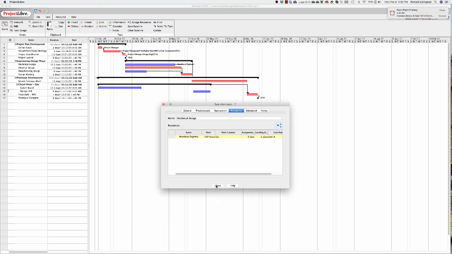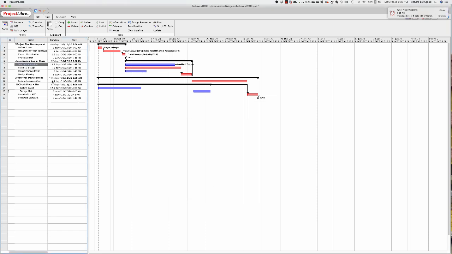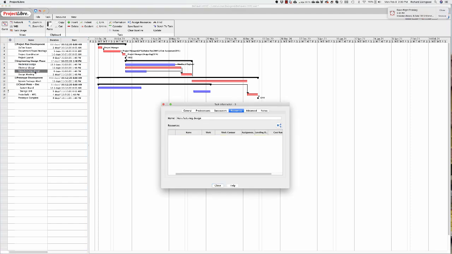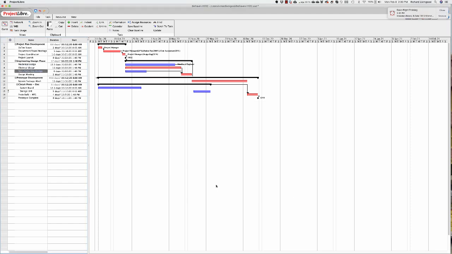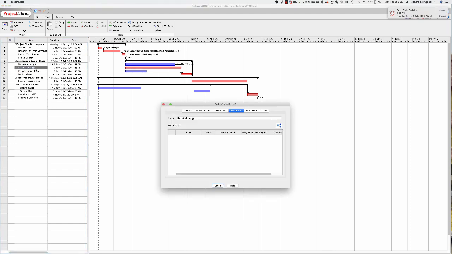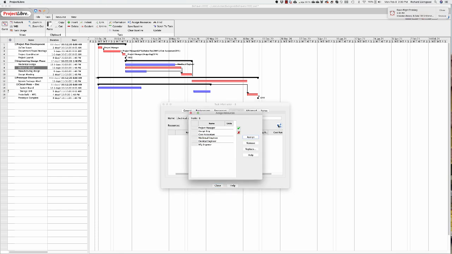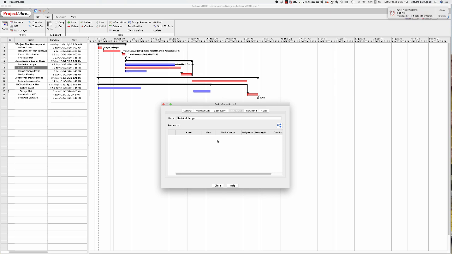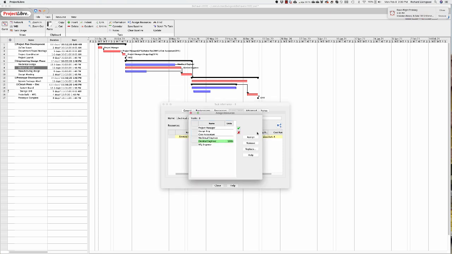And then we do the same thing for electrical. You can see every time we do this, we click on the little icon off on the right here. We pick the engineer we want. Oops, I gotta pick the engineer. There we go. Assign. There he is. All right, close.